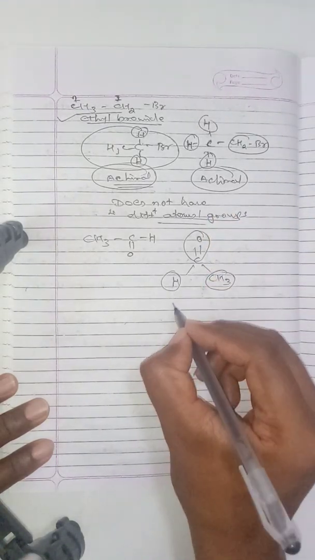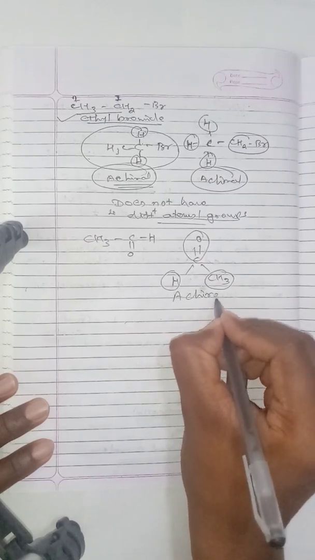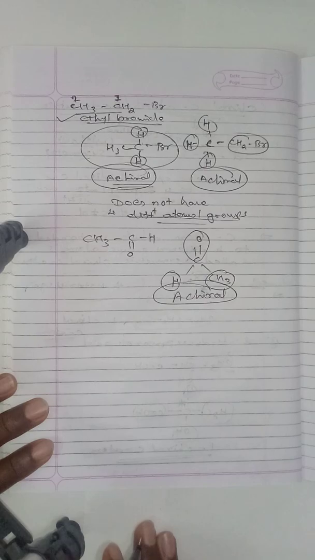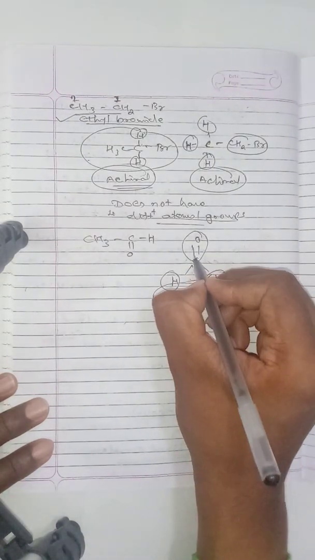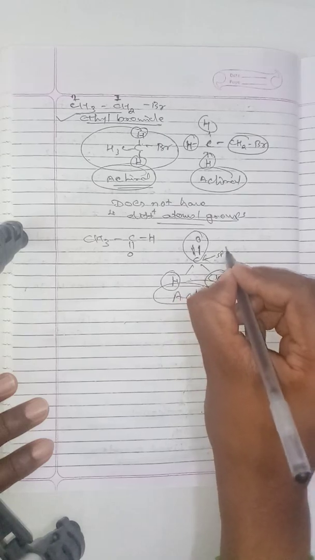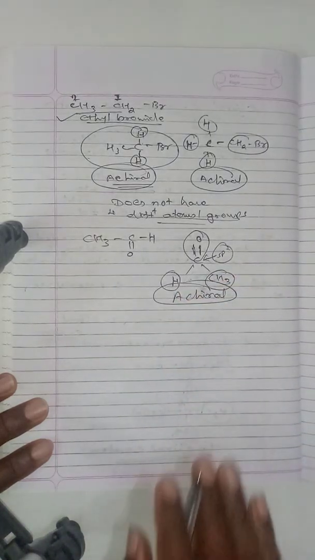So it is not chiral, but an achiral molecule. And the second thing is that this carbon is an sp2 hybridized carbon atom.